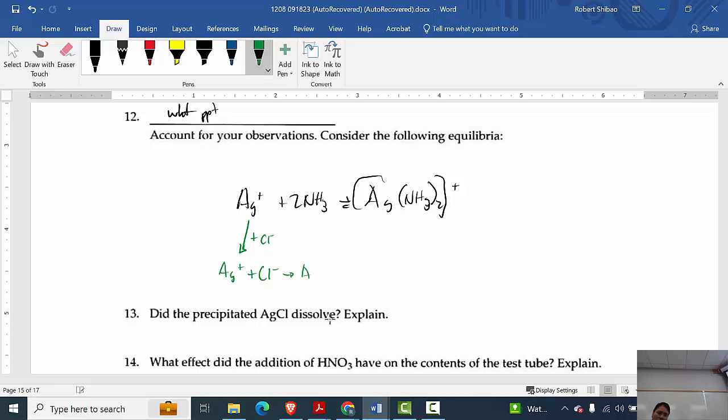So this is going to yield AgCl. And what that's going to do is it's going to shift this equilibrium to the left. Essentially, we're removing reactant here by precipitation of AgCl.